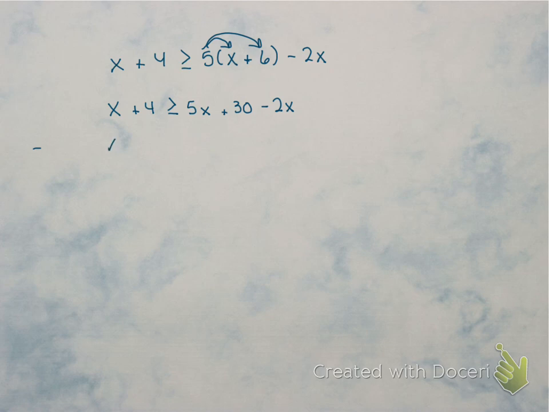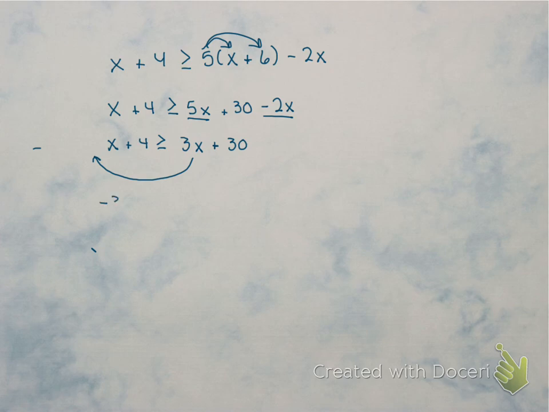So on the right side, we'll continue to simplify by combining like terms. 5x's minus 2x's gives us 3x's plus 30. Okay, now we're going to move the 3x over here by subtraction.